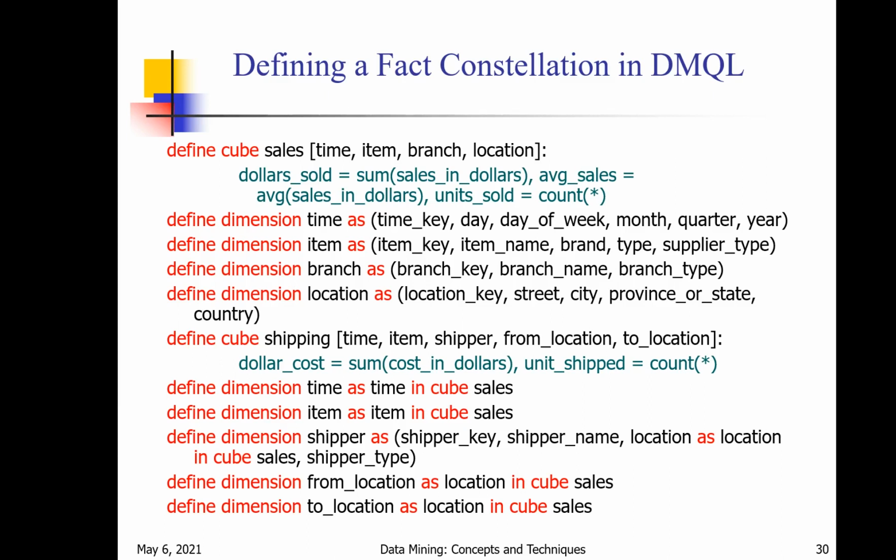The path from design to data storage will be the same as in DBMS: ER model to relational model, and here schema design to data cube, three-dimensional data cube, data storage. So that is about conceptual modeling of data warehouses.